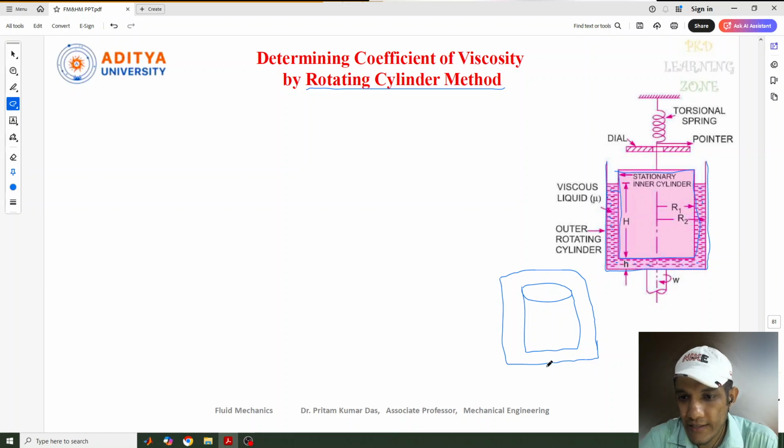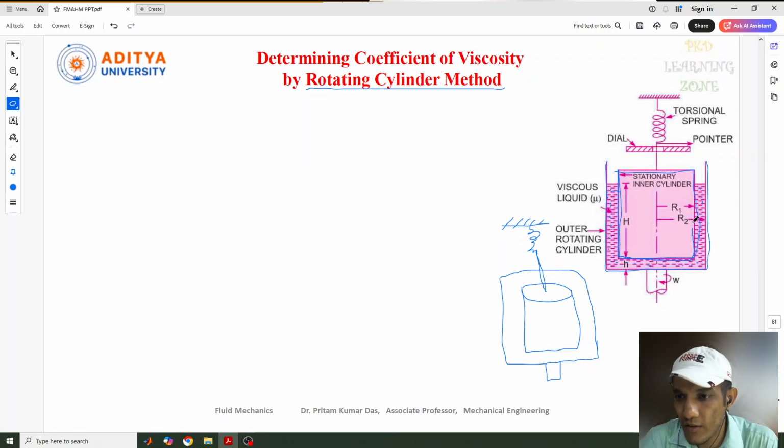This cylinder is fixed, and there is a shaft connected here, or we can say a pulley type arrangement for rotation purpose. And this inner cylinder is stationary, and it is connected to a torsional spring. This is the spring which is connected to it, and this cylinder will be constant. That means it is not going to rotate.